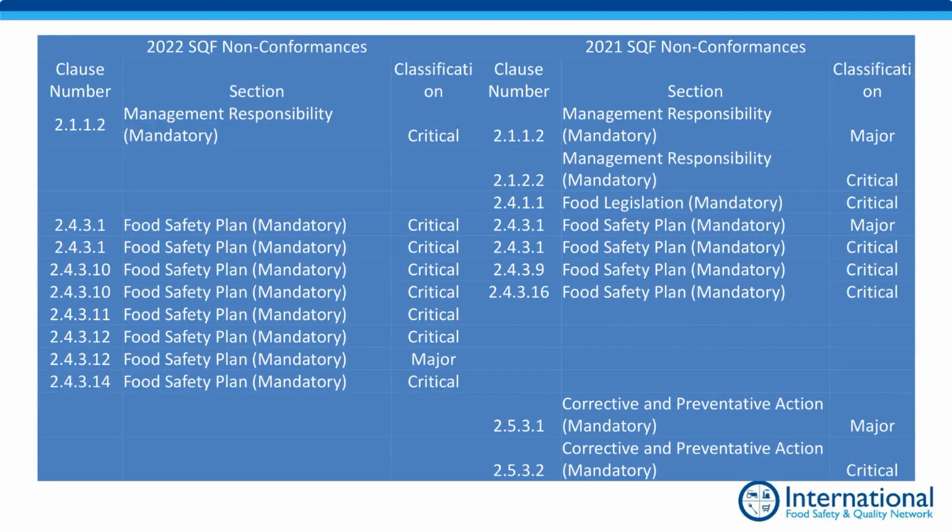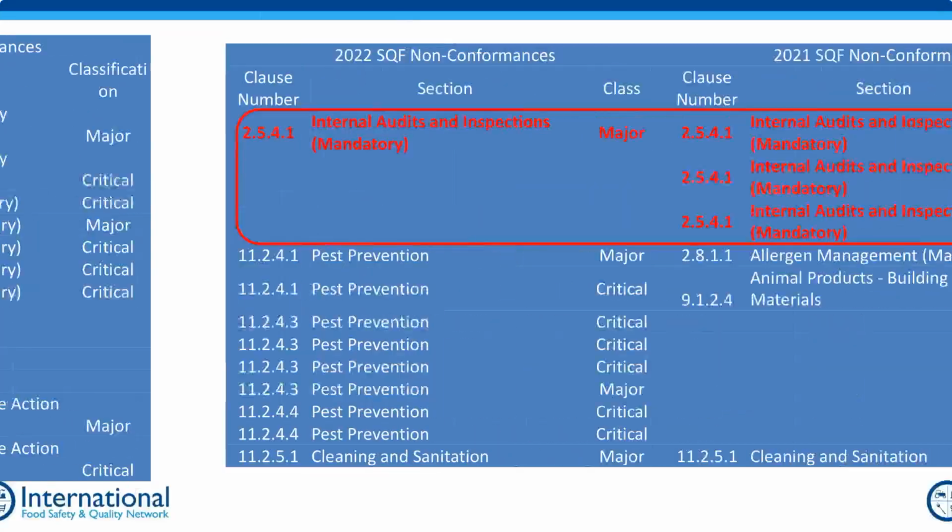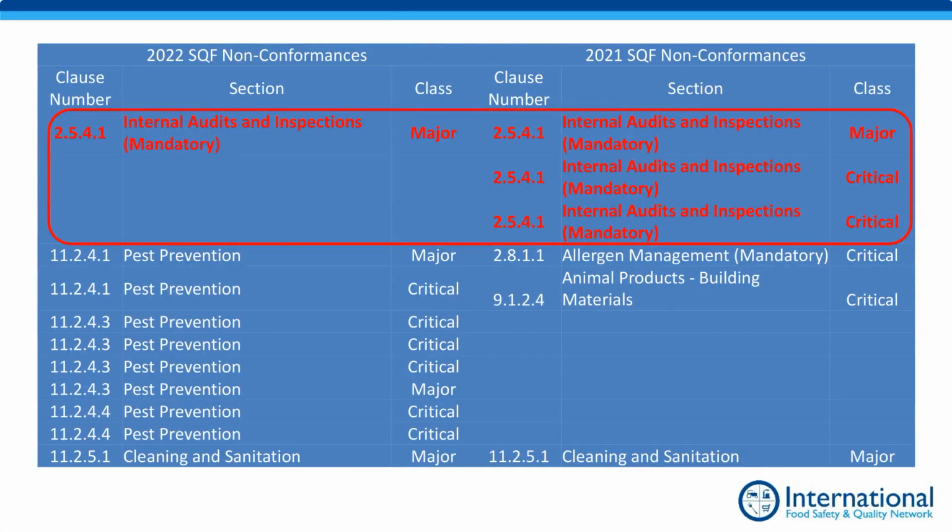In a previous session, we looked at SQF non-conformances from certification audits. Critical and major internal audits and inspection non-conformances are found during SQF certification audits. The SQF top 5 major non-conformances in 2021 and 2022 included clause 2.5.4.1, which is the section on internal audits and inspections, which is mandatory.